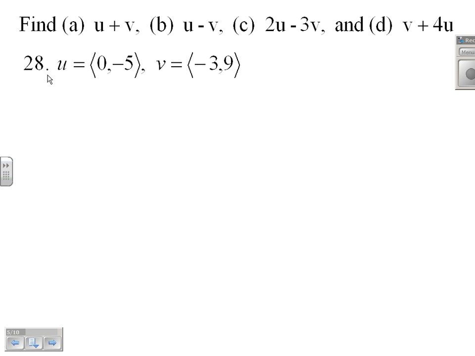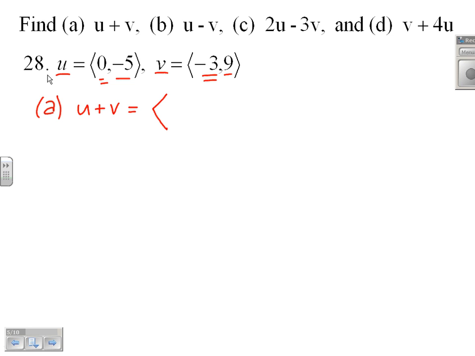Okay, more real straightforwardness here. We have u and v defined. U is a vector that doesn't slide things to the right or left at all, but then slides them down 5. V is a vector that slides things to the left 3 and then up 9. And if you just had to guess, now our book has a page devoted to this, what the vector u plus v would look like, you would probably say, well, it kind of makes sense if first I slide things to the right 0 and then I slide things to the left 3.